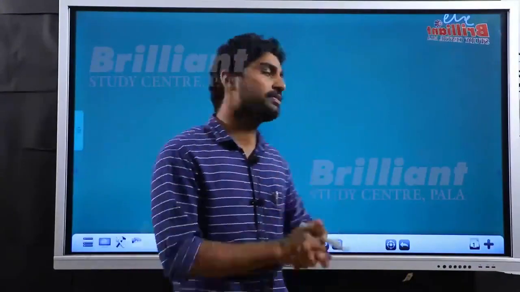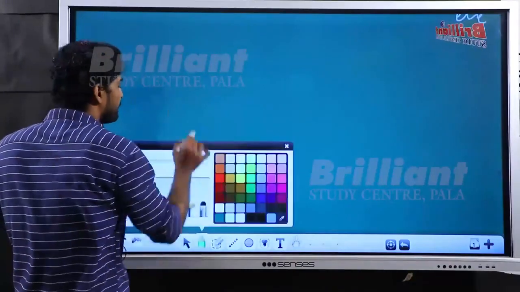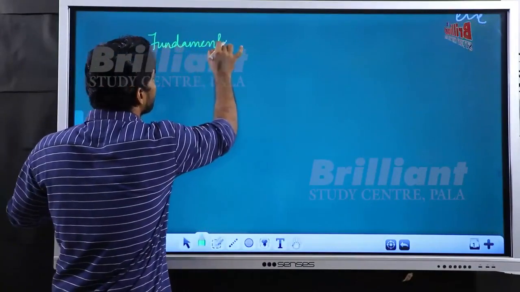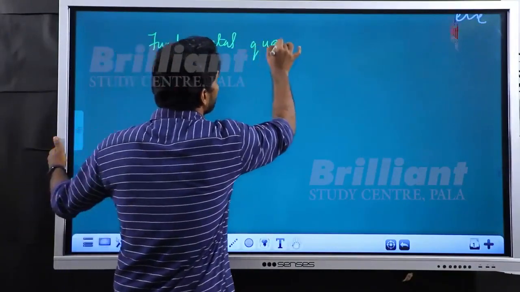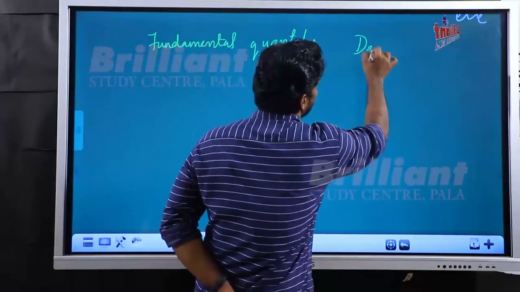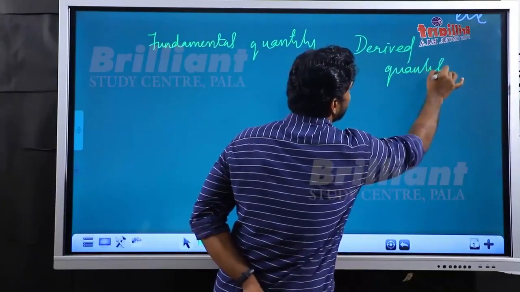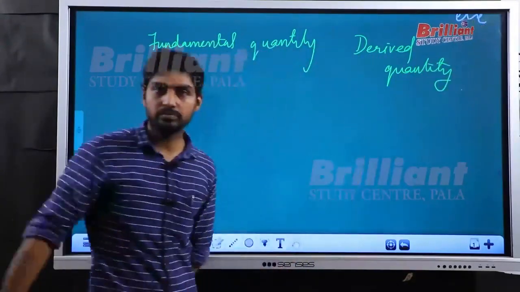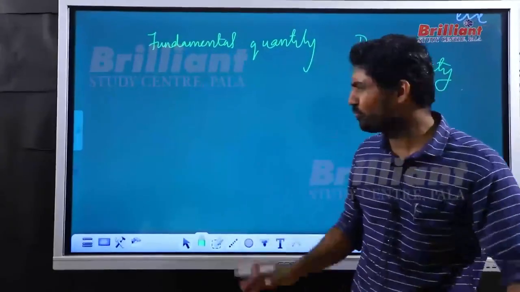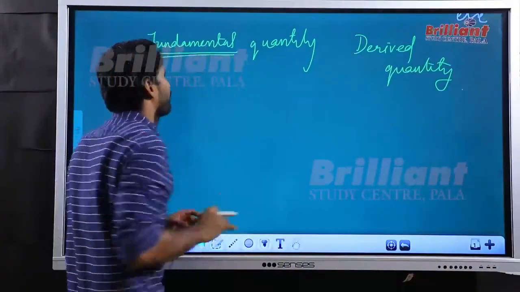We are going to classify physical quantities into fundamental quantities and derived quantities. Fundamental and derived quantity. So what is meant by this? The term fundamental, or base, is clear for you.